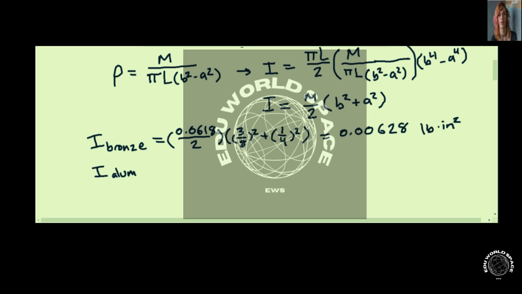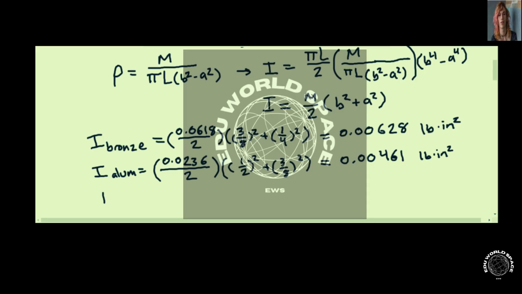Then for the aluminum piece, same steps. The mass of the aluminum piece, which we calculated, divided by 2, times the outer radius, 1/2 inch, squared, plus the inner radius, 3/8 inch, squared. This gives us 0.00461 pounds inches squared.